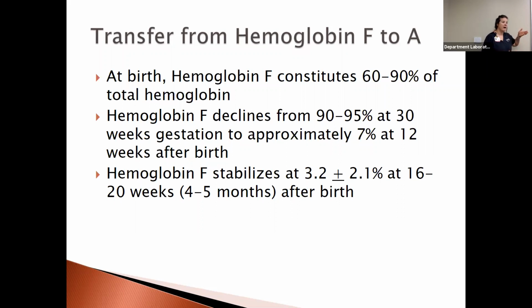Alpha is going to bind to either your gamma or your delta. All right, so then in those instances, you'll have increased amounts of other hemoglobins. And the way we can detect that is a hemoglobin electrophoresis. All right, so that's what's coming. That's how we're going to identify some of these different types of thalassemias and hemoglobinopathies.